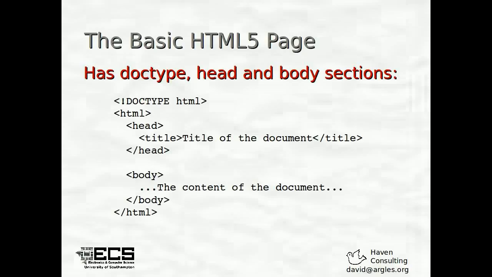Within the head section there's different things that will go in there, but for now the obvious one is the <title></title>, which is the bit that comes up in the little tab at the top of your web browser, not actually in the web browser space itself. The head section contains all the information you might need about the document, if you like, the meta section with all the information about it. The body section contains the actual content of the document.